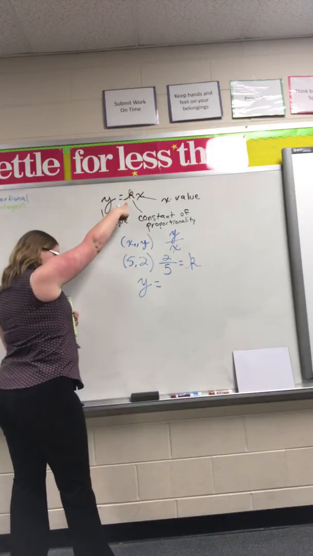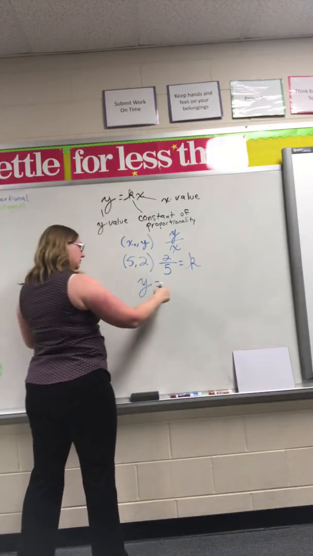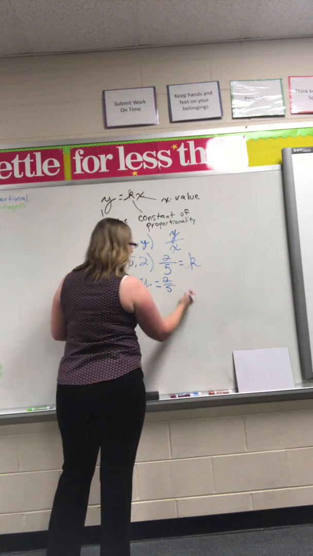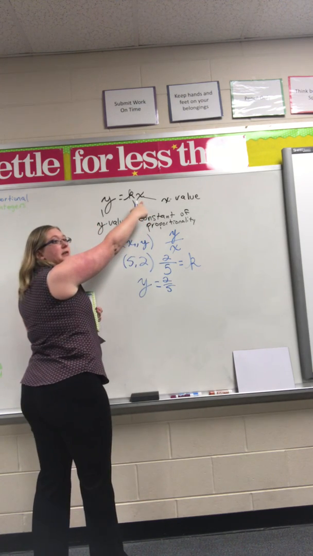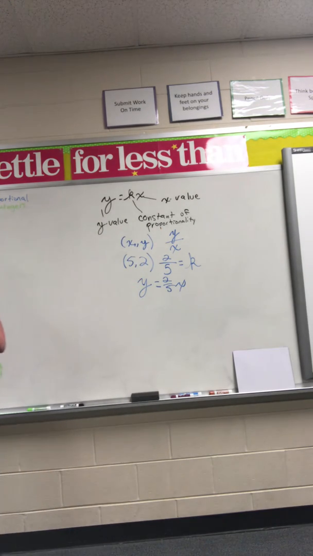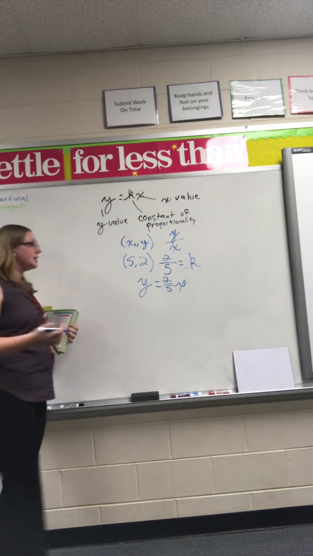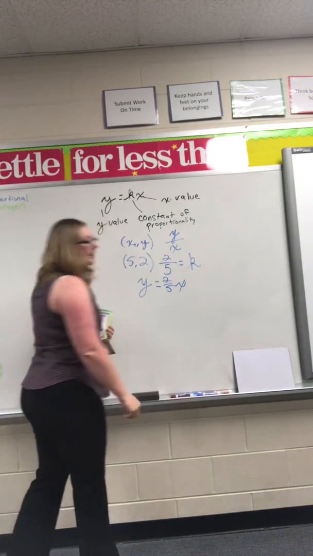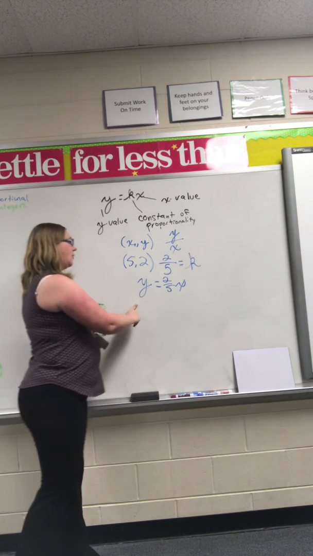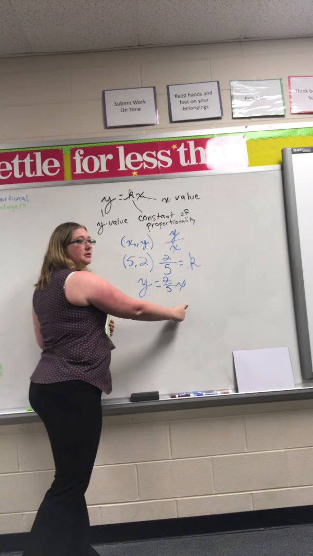What goes in that spot? 2/5. Am I substituting anything for x? No. So could I write my answer, asking me for an equation that gives me the constant of proportionality and the rate of how fast this pool is being filled, as y equals 2/5 x?